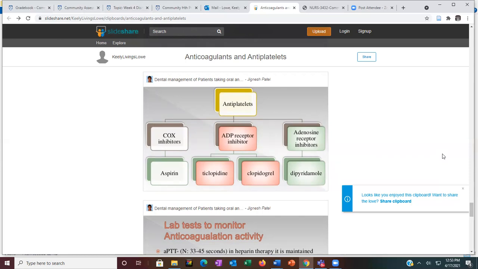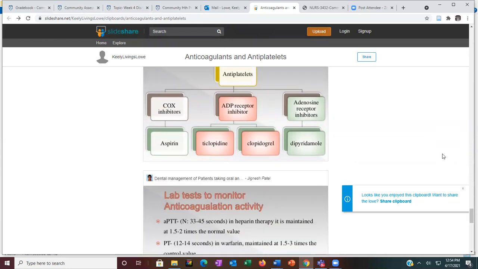But usually we just use a low dose of that, and it affects other parts of the body like the GI system, increased risk of having stomach ulcers. So we wouldn't use a full dose of aspirin continuously for the intense purposes, because they have other side effects. Okay, so lab tests to monitor anticoagulation effect.